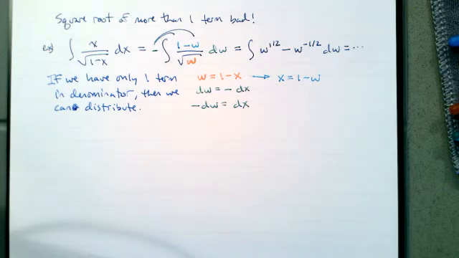Now we have one term in the denominator, and here's the way that we got it. We want to try to get to a place where we can just use the distributive property. Any questions?